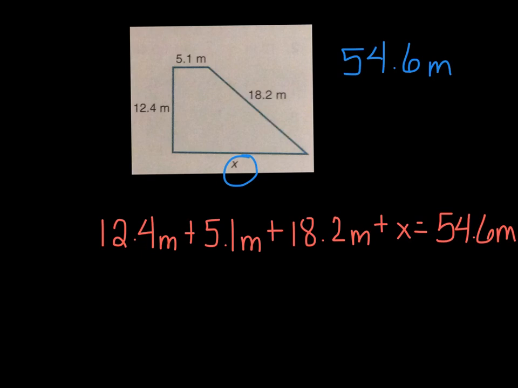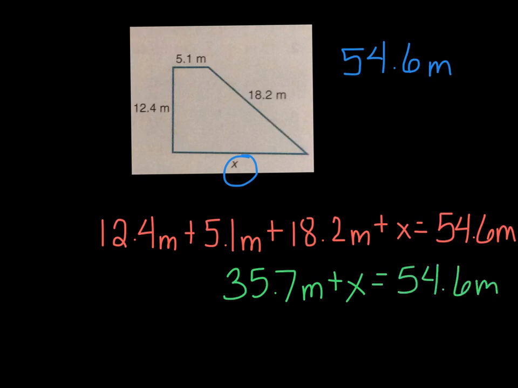So now all that's left is to add them up. When we add up all the sides, we get 35.7 plus x equals 54.6. We can take the units off for now while we're doing the math, and then add the units on at the end.